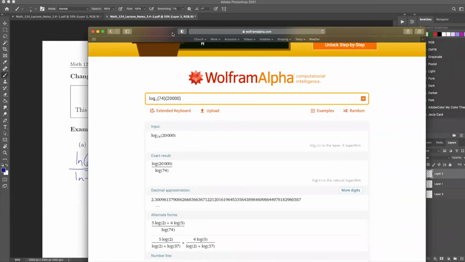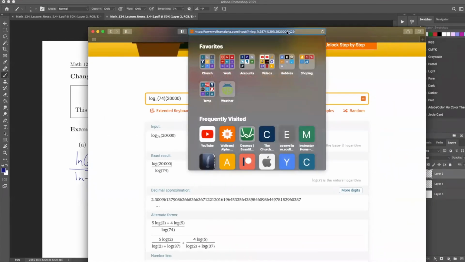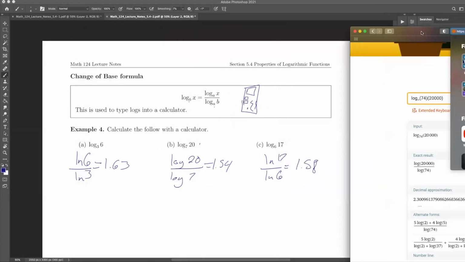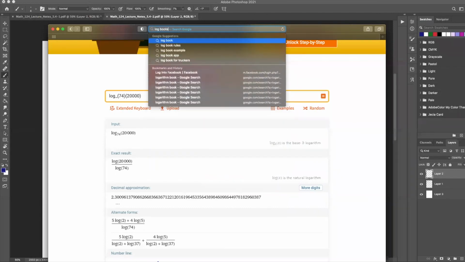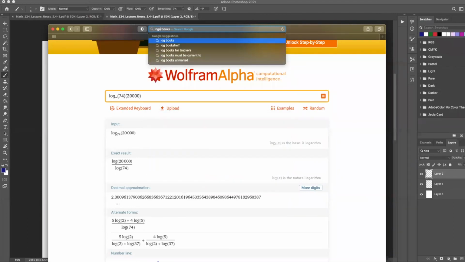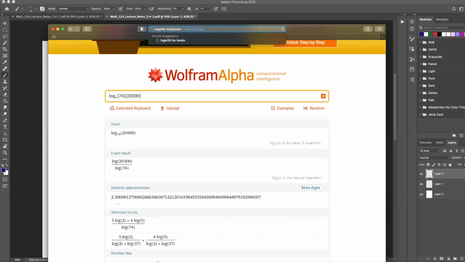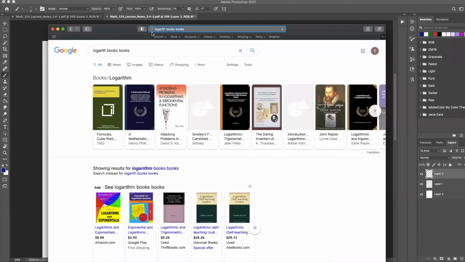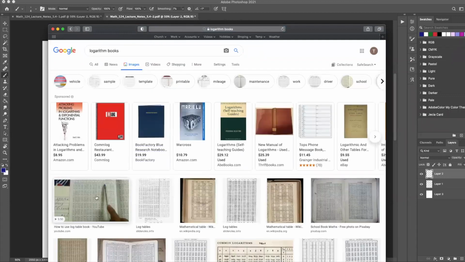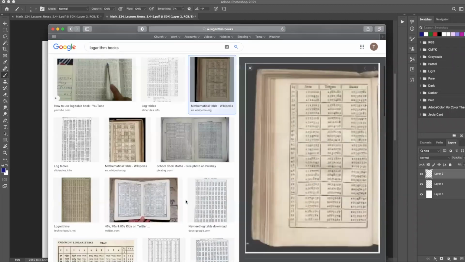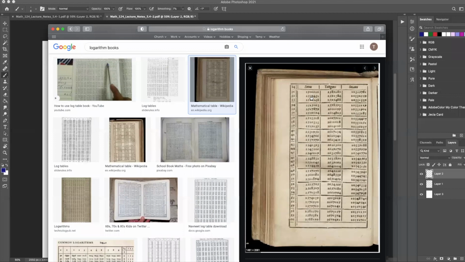One last thing before I show you the homework. Let's type in logarithm books. What you used to have to do way back in the day is you had these books of the logs, right?